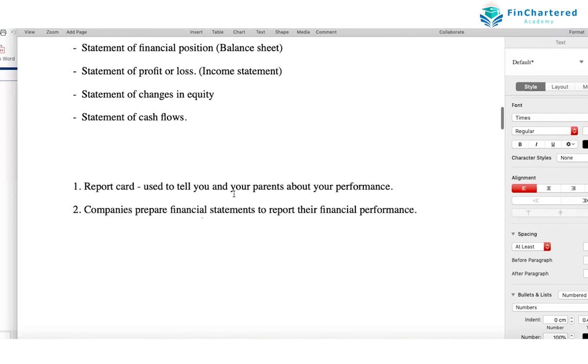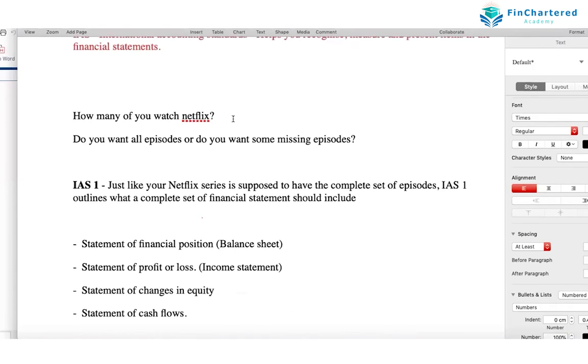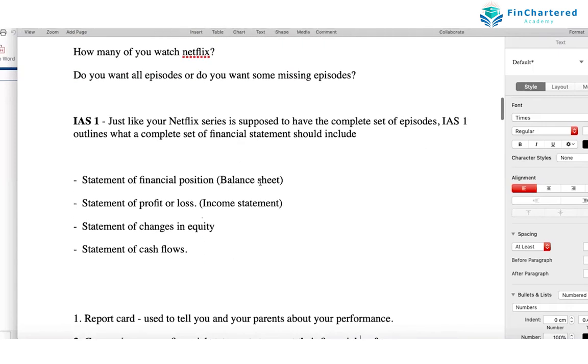Basically, you will learn how to prepare these financial statements line by line, step by step. For example, in the previous chapter, I told you what the statement of financial position is. Non-current assets are there, current assets are there, equity is there, non-current liability is there, current liability is there.